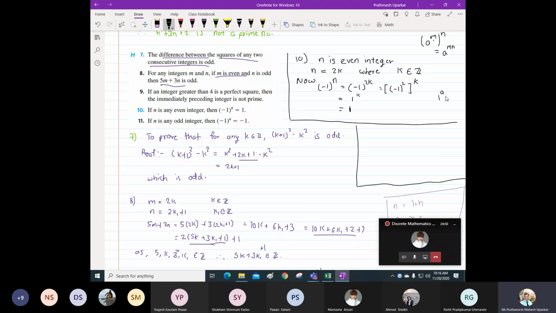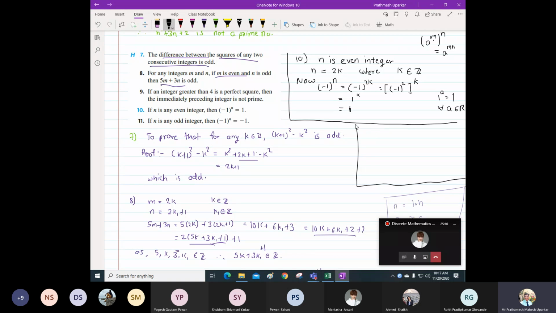So 1 raised to a is equal to 1 for all a belongs to the real number, set of real numbers. So any real number का power क्या होगा? 1 raised to any real number is equal to 1.